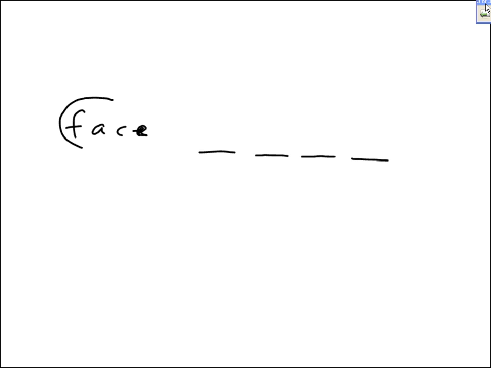There are 4 letters. So the first choice you make, when it comes to putting down the first letter, you get to pick from 1 out of 4. You picked one letter, whether it's F or A or C or E.